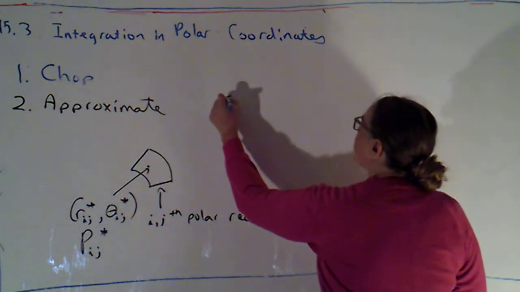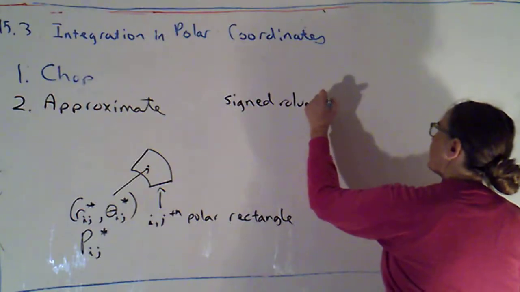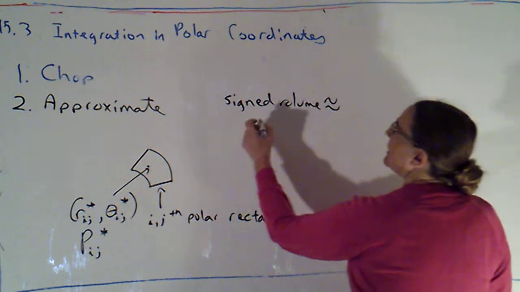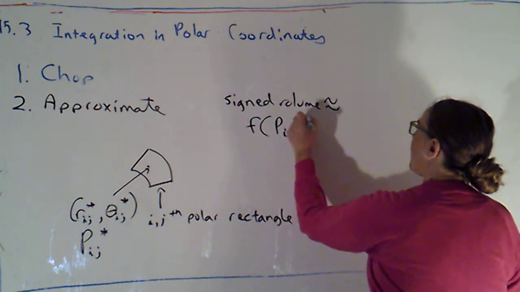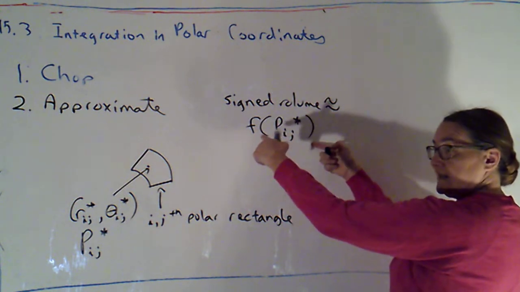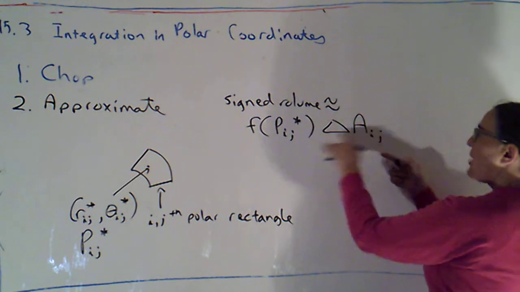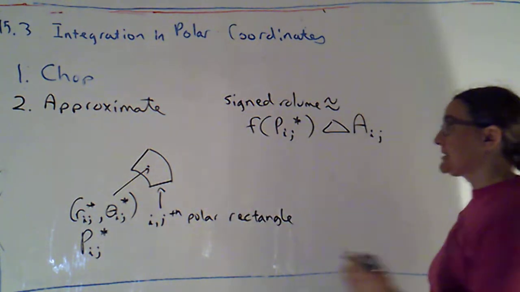Now we're basically saying that the signed volume is going to be approximately f of P_ij star, that's the height, times delta A_ij, the area of this ijth polar rectangle.